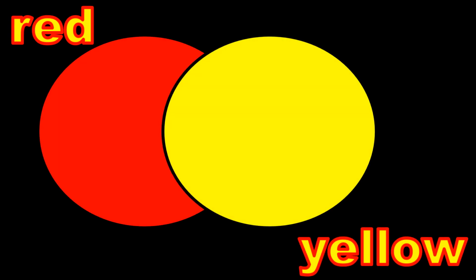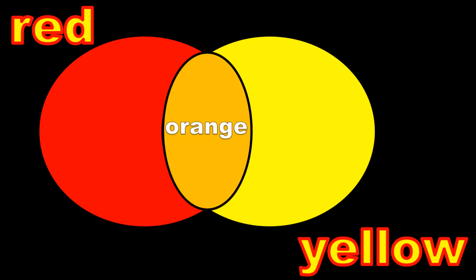Now, let's see how we can get the third and the last secondary color, shall we? In order to get orange, we need to mix red and yellow.